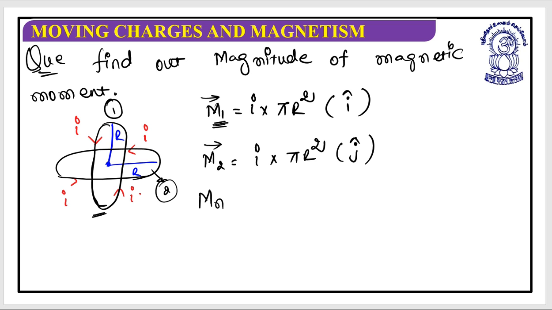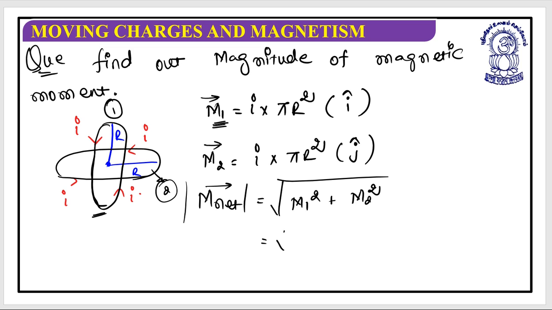When I find the m net, it should be root of m1 square plus m2 square. So the magnitude of m net equals root 2 times I multiplied by pi r square ampere into meter square.